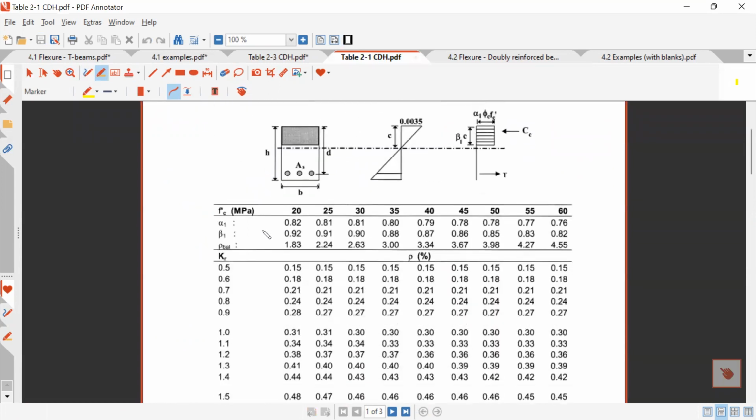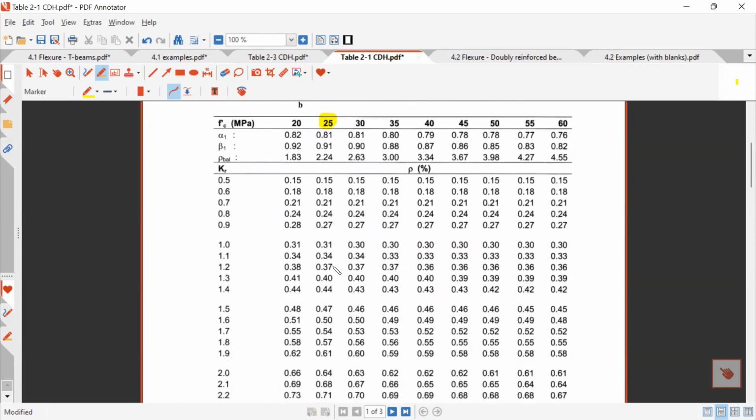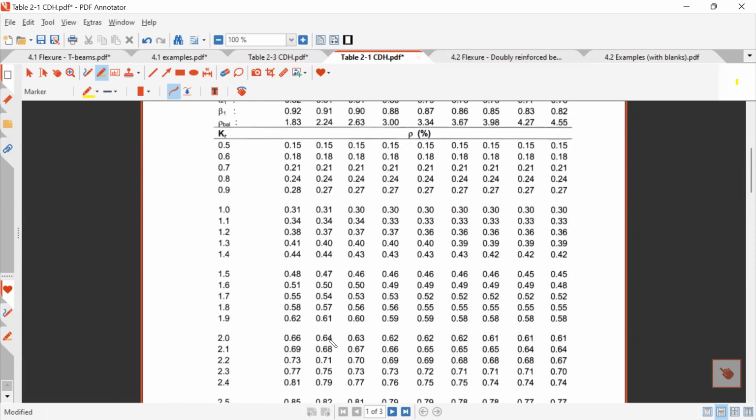And I look in here, we have 25 MPa concrete. We have rho F, which is equal to 0.65%. So that's somewhere in between these two here. That's the rho F. So it gives me a KR, which is in between these two. If I do interpolation, I'm going to find the KR, which is 2.025 MPa.